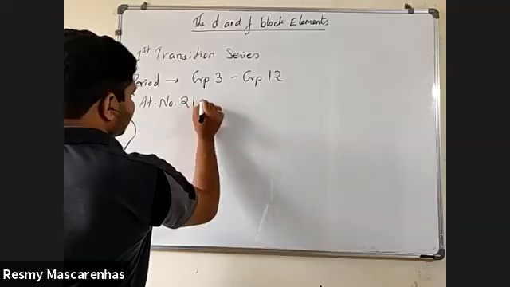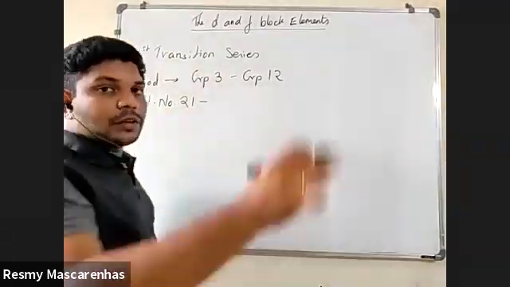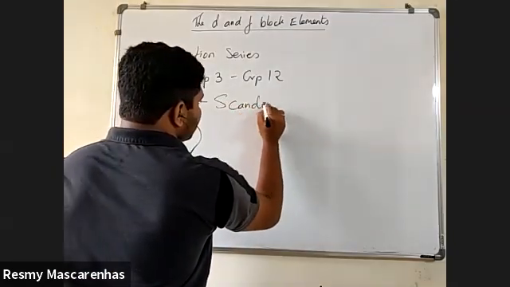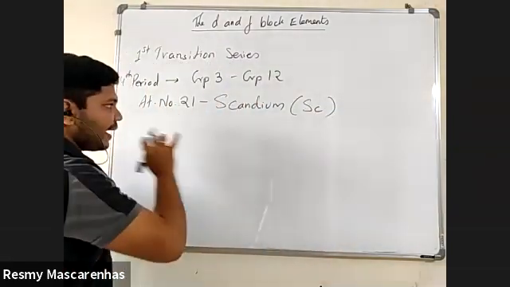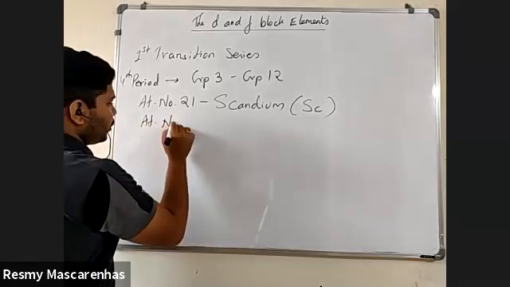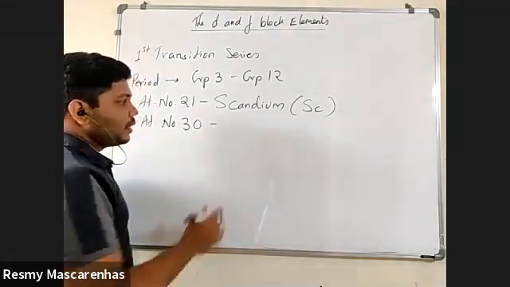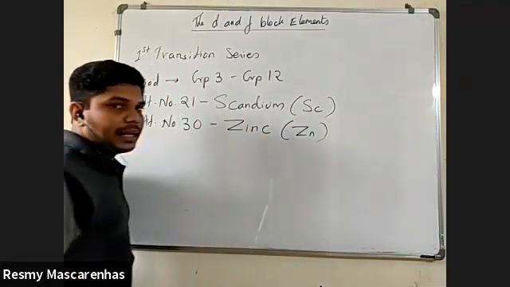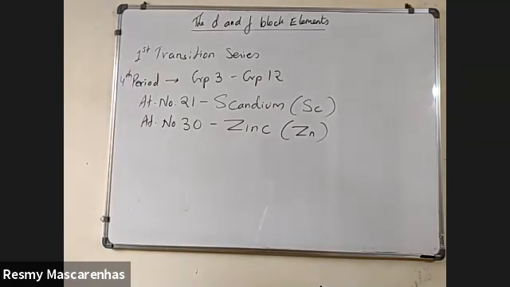The first transition series starts from atomic number 21, that is called scandium, symbol Sc. And it ends at atomic number 30. This is called zinc, symbol Zn. Any doubt till here?